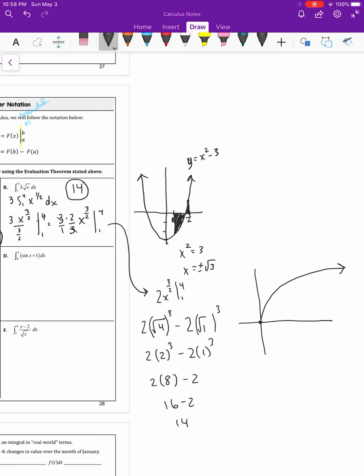And again, if you wanted to think of it as, and I think this is kind of stretched up like that because, let's say that this is y equals 3 times the square root of x from 1 to 4.